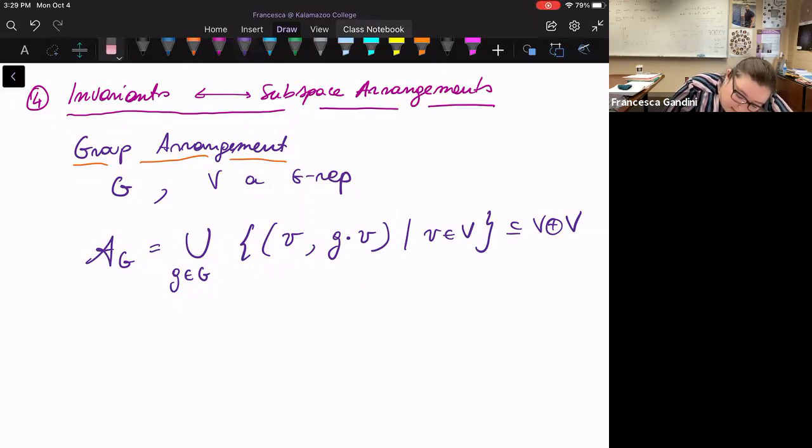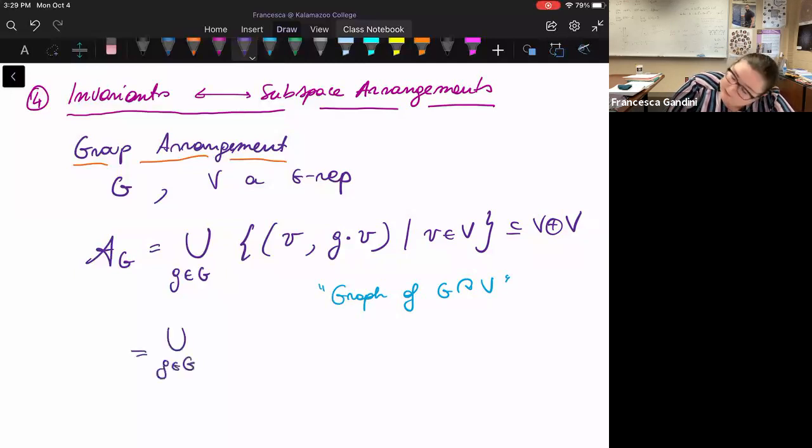Maybe I'll write this. If we write this as a union over little g in big G of the spaces V_g, each set gives you a g.